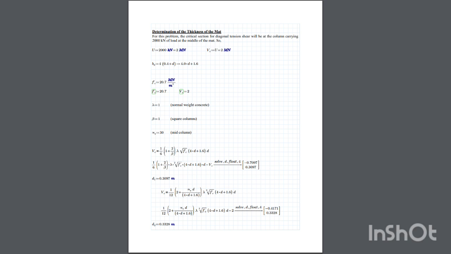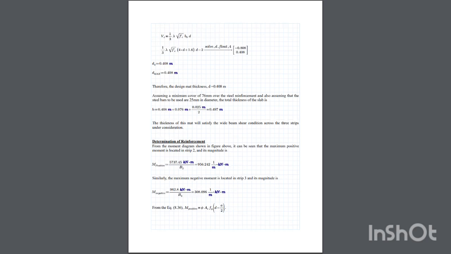Then we use this formula. Then we find D1 is equal to 0.3097 meter. Again, D2 is equal to 0.332 meter. And then we find D3 0.408 meter. So D max from all of this is 0.408 meter.